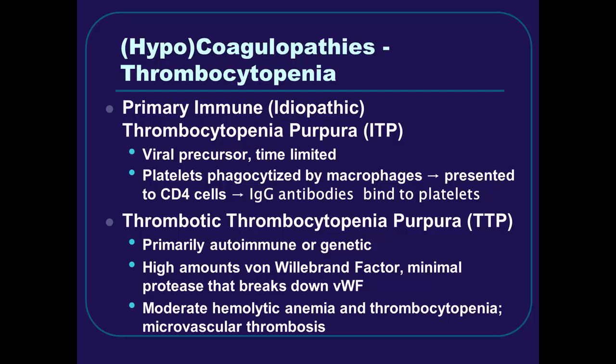So the other thing, before we go to the two disorders here, is when we think about the manifestations of hypocoagulopathies. Remember, we talked about the two major categories: not enough or insufficient coagulation factors, or platelets and platelet issues.